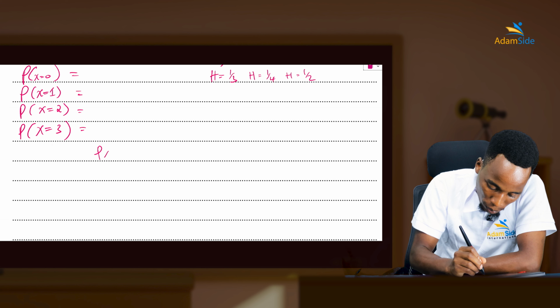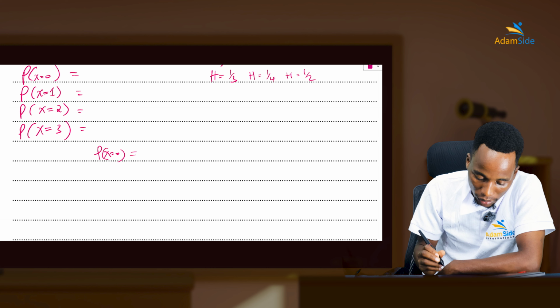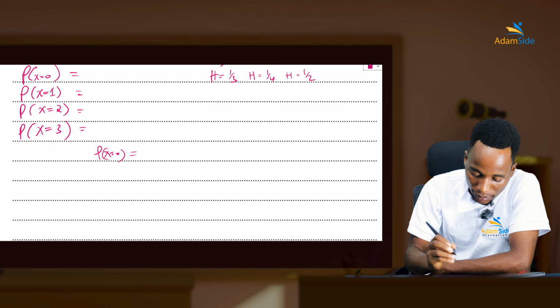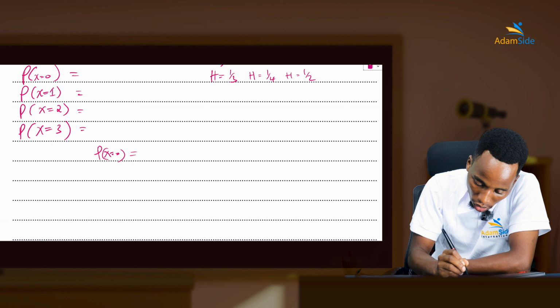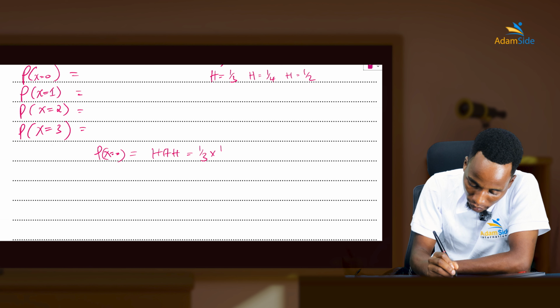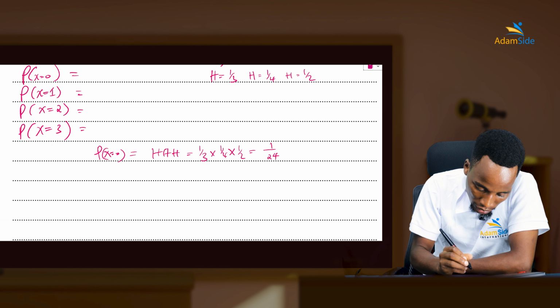So for P of X equals 0, meaning 0 tails, all of them will be heads: H, H, H. So 1 of 3 times 1 of 4 times 1 of 2, which multiplied gives 1 of 24.